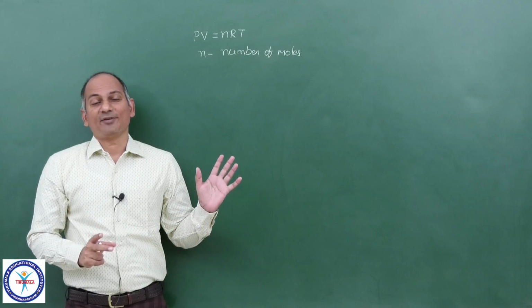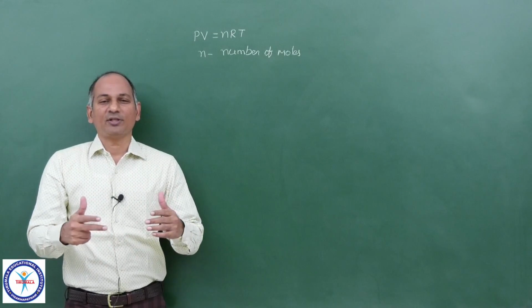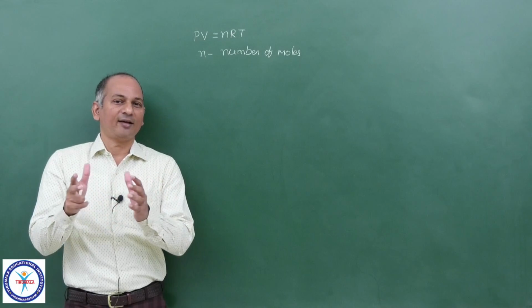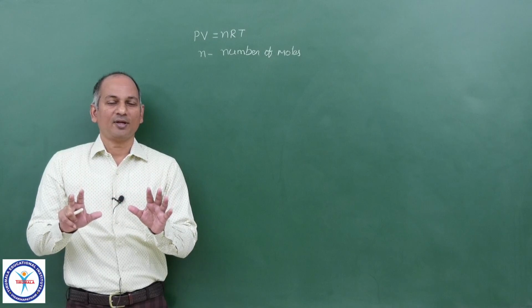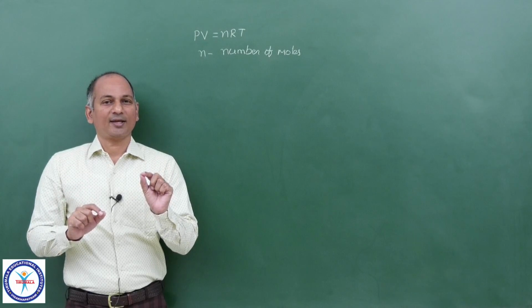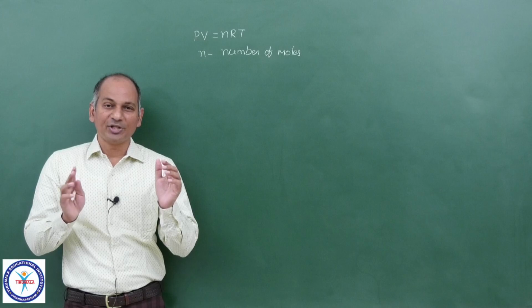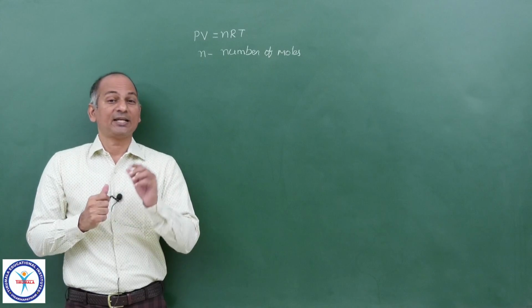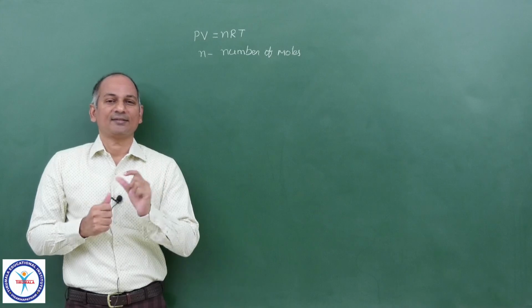You cannot apply this equation to liquid or solid. Actually, at present we do not know whether this equation holds good for liquid and solid. That we do not know. So be careful. For the time being, you should use this particular equation only for gases. Strictly only for ideal gases.